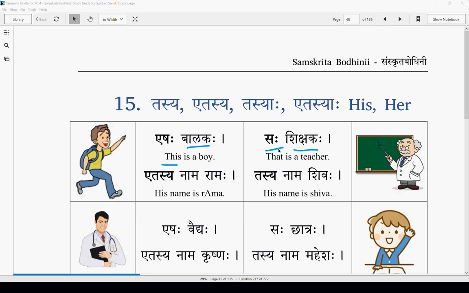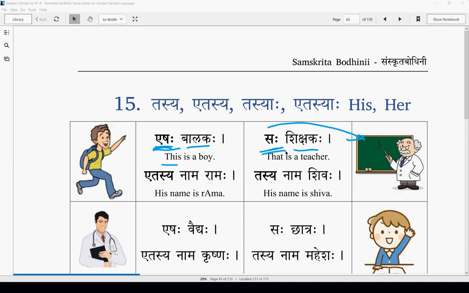When do we use Saha and when do we use Eshaha? Near and far for Pullinga. In the Pullinga case, when some object is near in our perception, we use Eshaha. When something is far, we use Saha. So Eshaha Balakaha, Saha Shikshakaha.